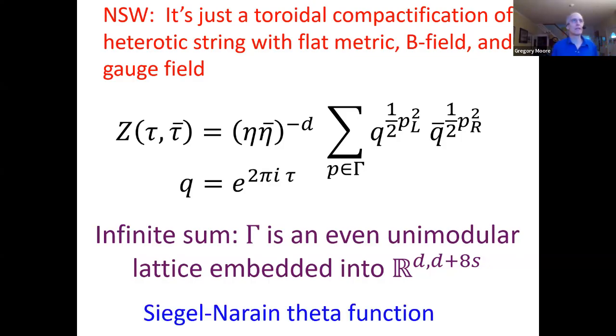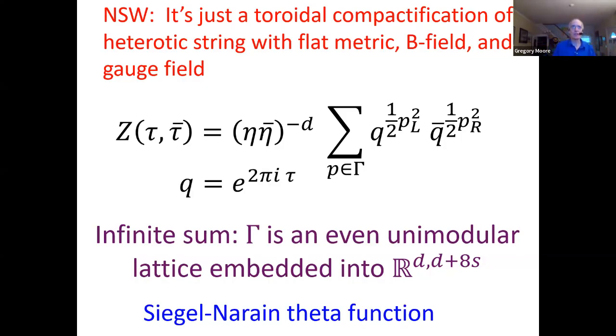So this sum is actually known as a Siegel-Narain theta function. The Siegel is for Carl Ludwig Siegel, who was one of the outstanding mathematicians of the 20th century. He was interested in this function for its use in analytic number theory.